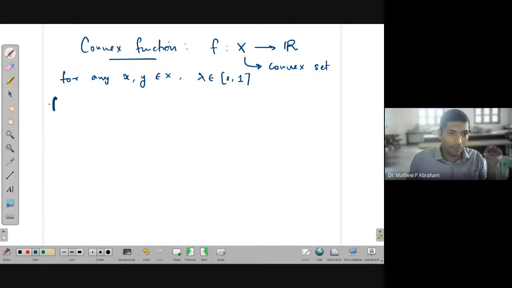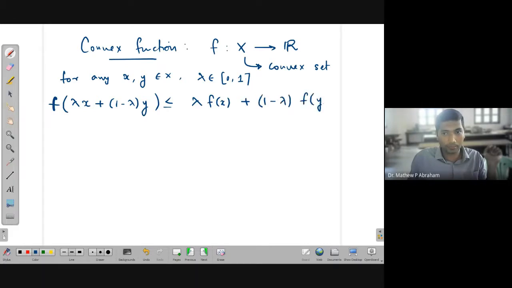A function f is convex if f of lambda x plus 1 minus lambda y. When you see this, you need to understand that it is actually a straight line between x and y, because lambda is varying from 0 to 1. This needs to be less than or equal to lambda f of x plus 1 minus lambda f of y.